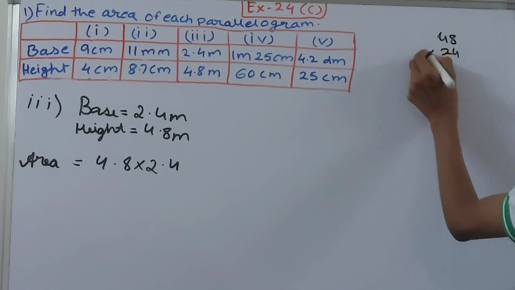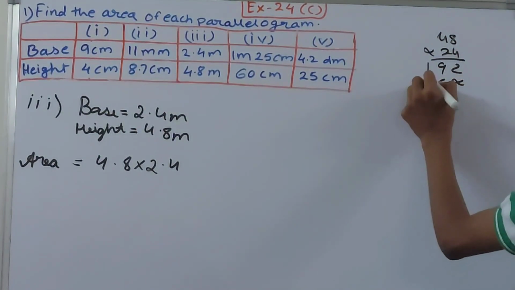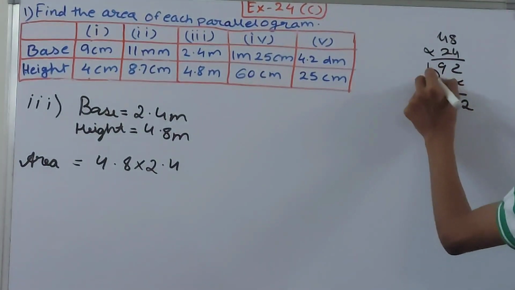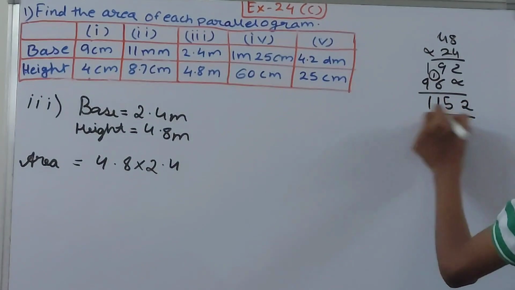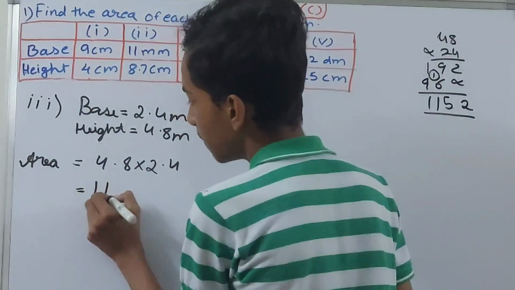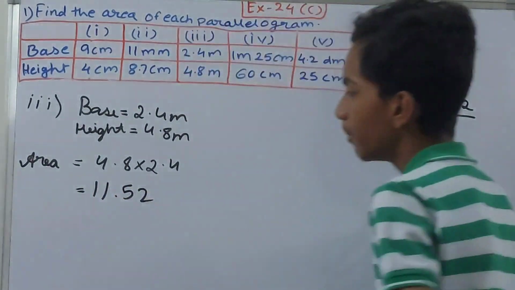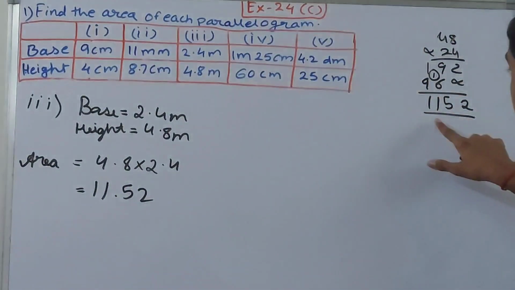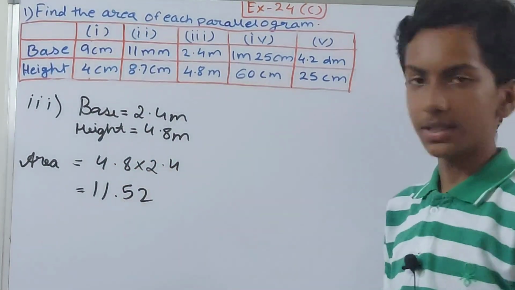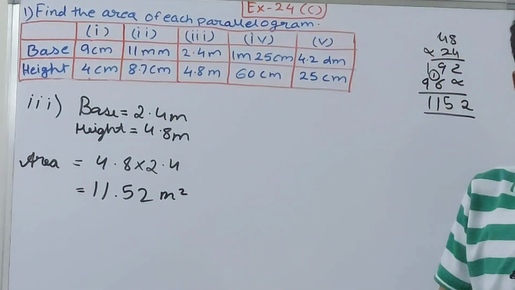That gives 11.52. Basically, do the multiplication 1152, and then put the decimal point after two places. So square meters. Don't forget to put the unit as well.